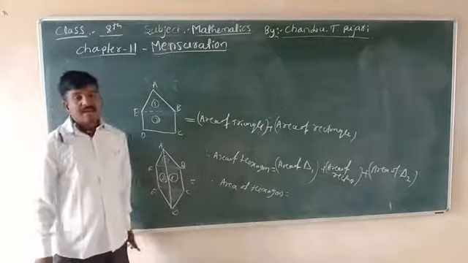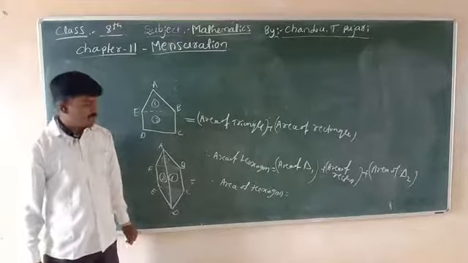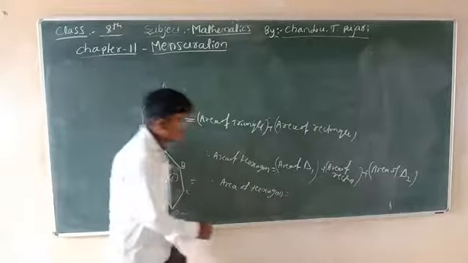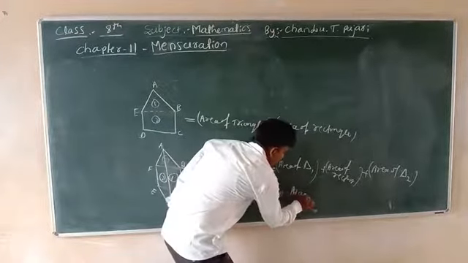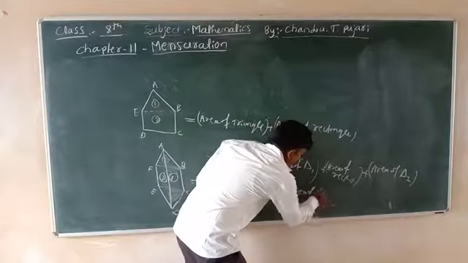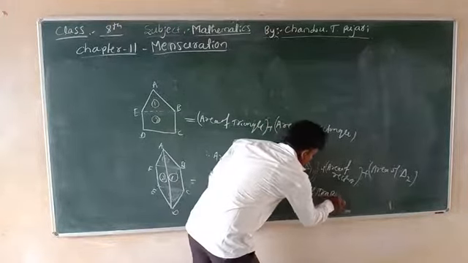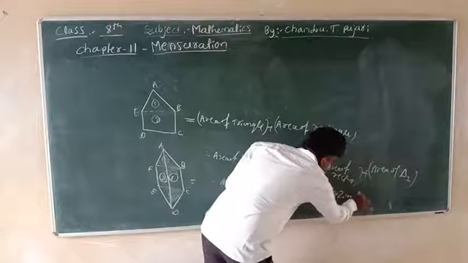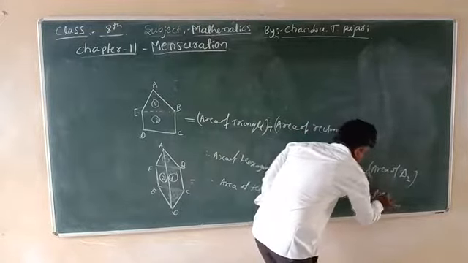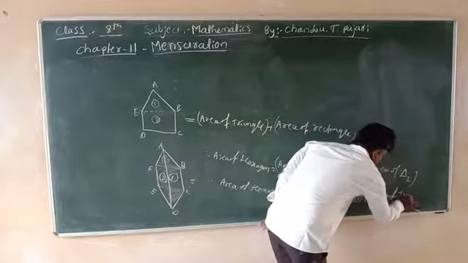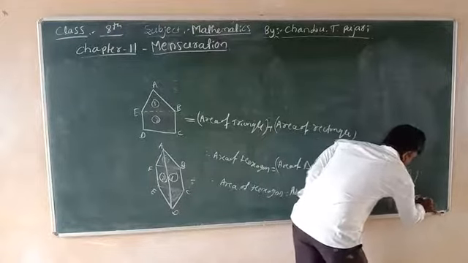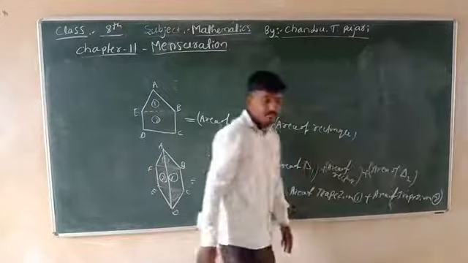These two parts are both trapeziums. Therefore, area of trapezium 1 plus area of trapezium 2.